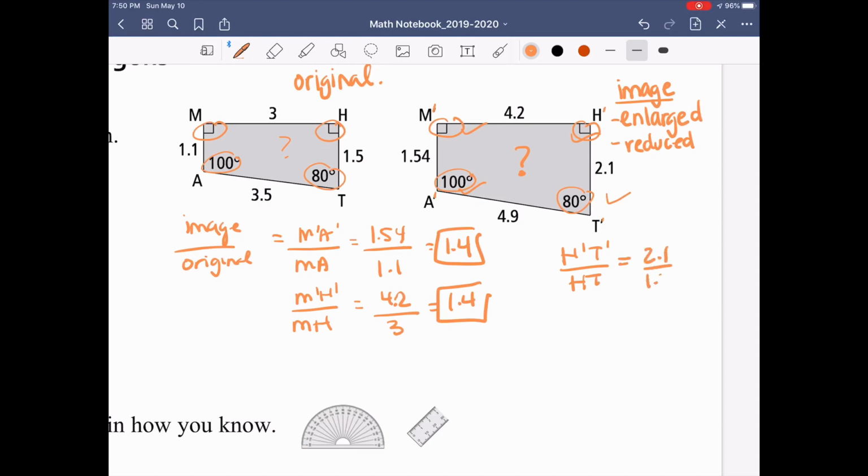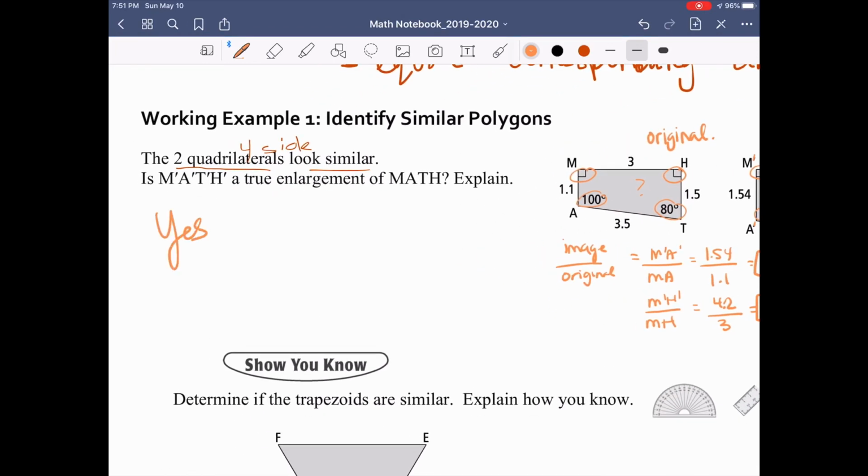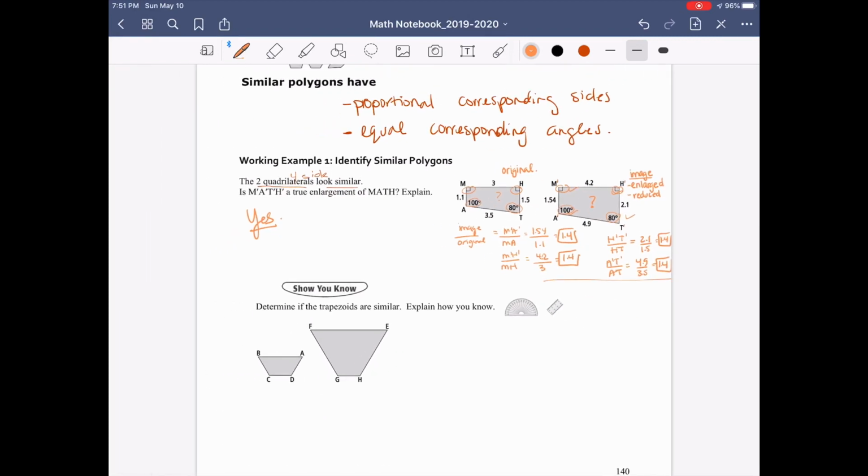So 2.1 over 1.5 is also equal to 1.4. And then our last one, A prime T prime is proportional to AT. So 4.9 over 3.5. This is also equal to 1.4. So I checked them all with my calculator. So all the corresponding sides are proportional and all the corresponding angles are equal. So yes, because of what I just said: the corresponding sides are proportional, the corresponding angles are equal.